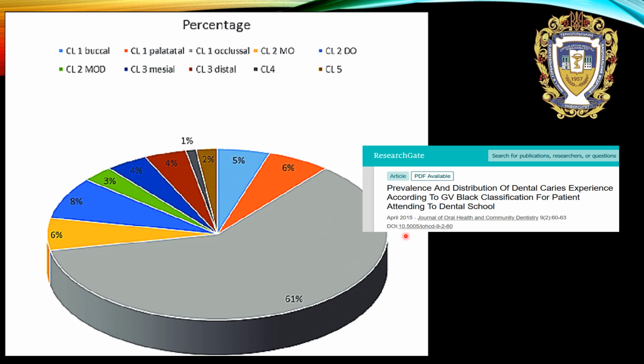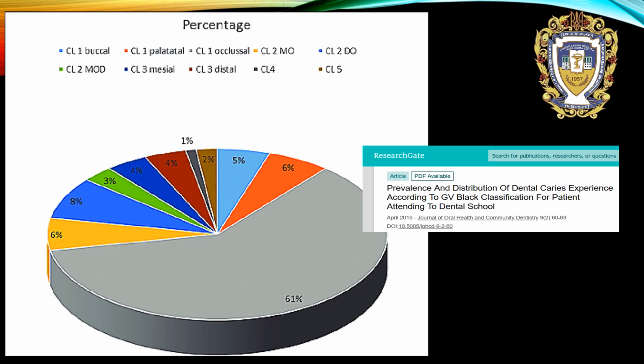When I prepared this presentation for you, I found a very interesting article, and this diagram is part of it. It shows the distribution of caries experience according to different surfaces, and as you can see, 61% of dental caries is occlusal caries, or first class caries by Black classification.